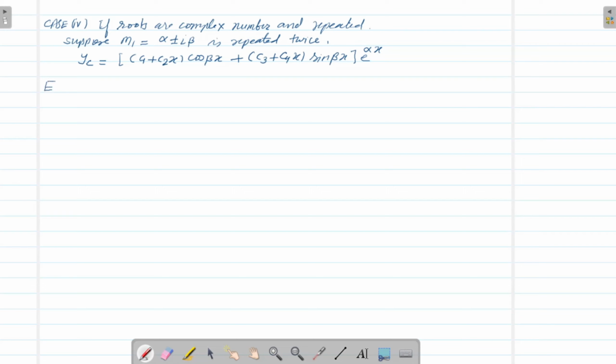So example number 1. Find the complementary function of the following differential equation.